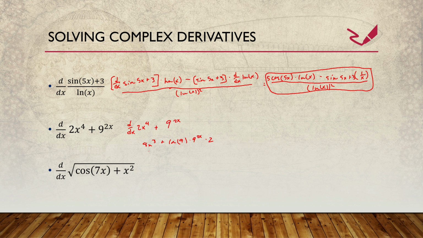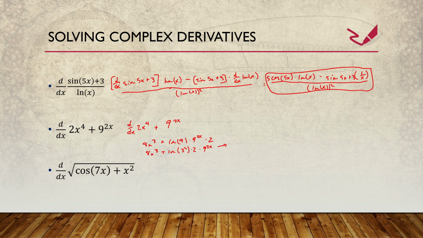Based on what we know about logs and exponents, you can change this by having 9 turn into 3 squared, right? And then that 2 in the exponent can be brought to the outside.